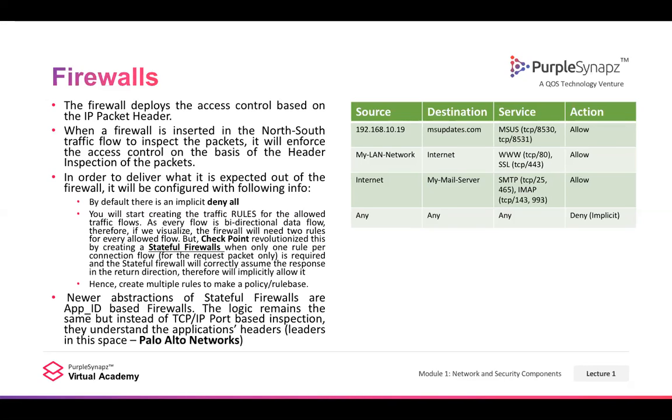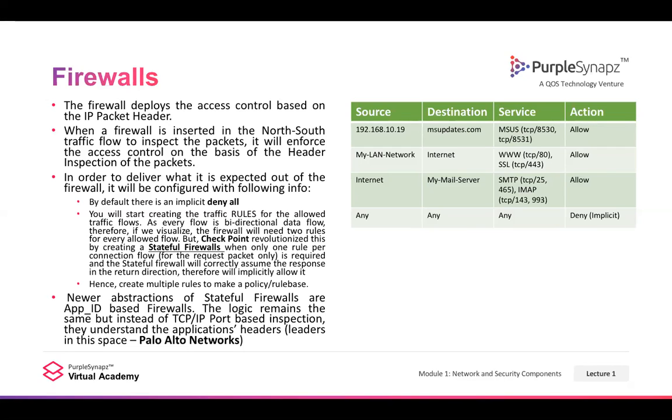Then from the internet, I have hosted my own mail server inside my office, so people should be able to come to my mail server. Sending mail uses the SMTP protocol and receiving mail is typically IMAP. Port number 25 is non-encrypted mail, and 465 is encrypted mail when you are sending.